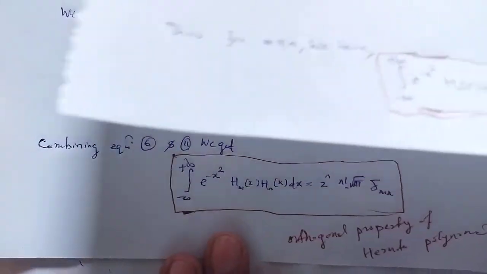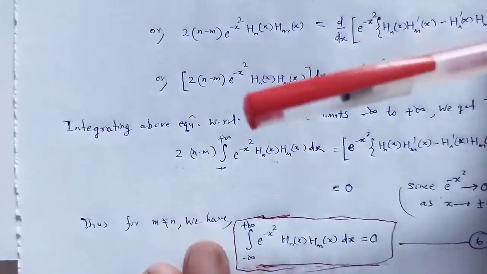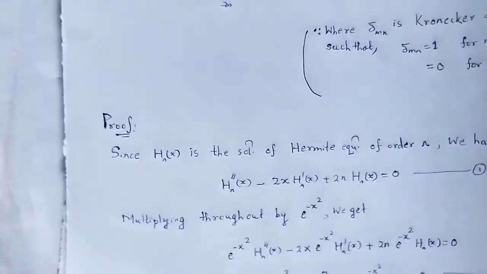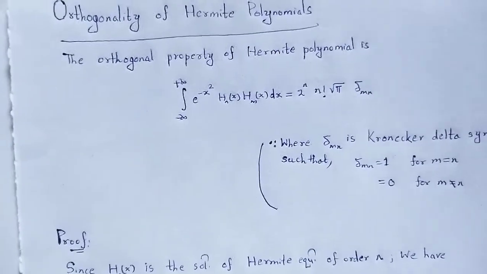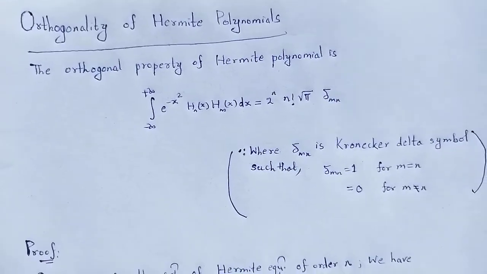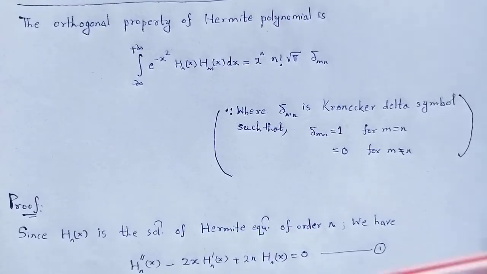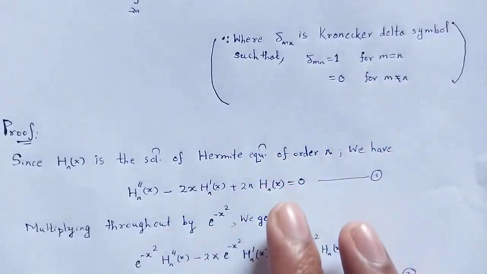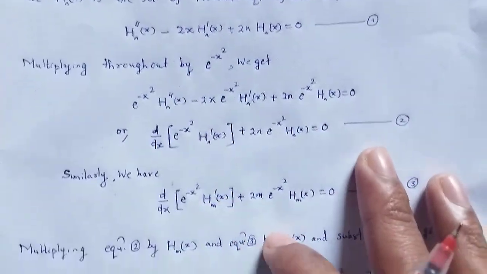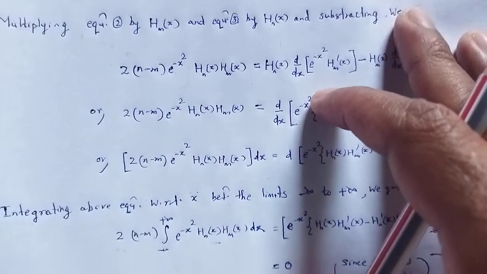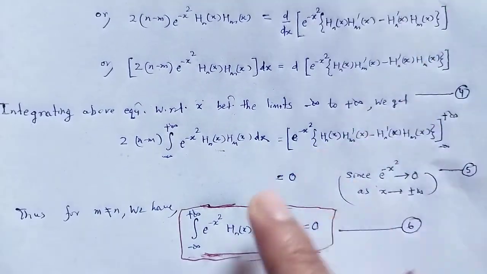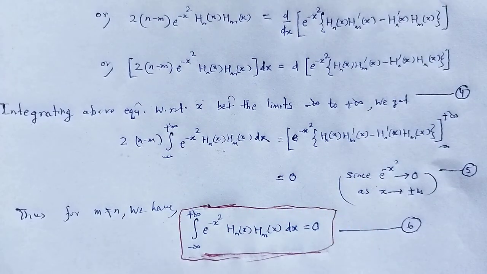So with the help of this video lecture we understand the concept of orthogonality of Hermite polynomials. This can be proved by using Hn(x) and Hm(x), proceeding like this, and get a relation when m is not equal to n.